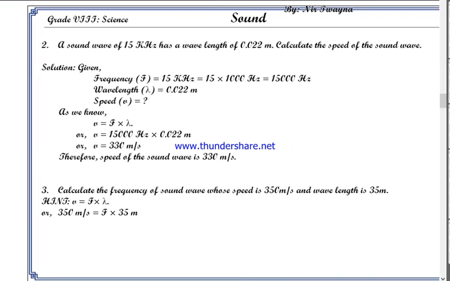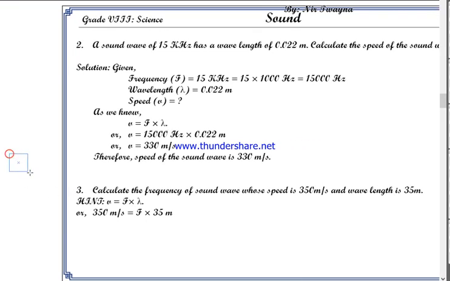If you have studied the rules in mathematics, then you can divide both sides by 35, isn't it? Let me make the fraction here.